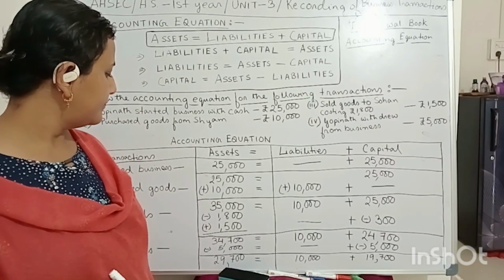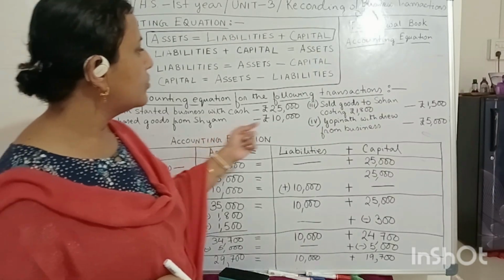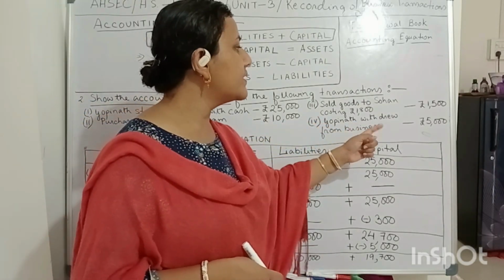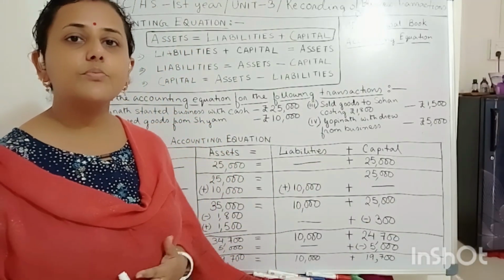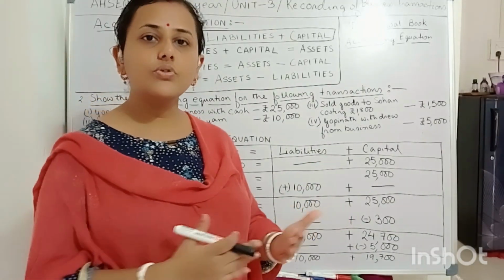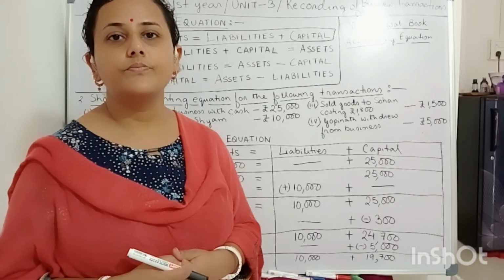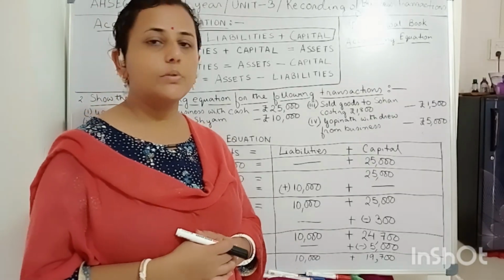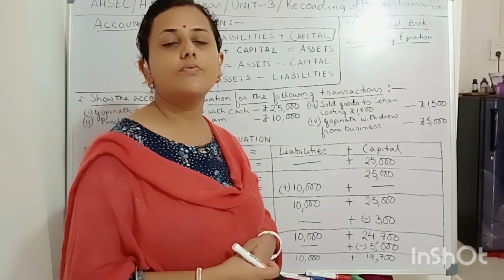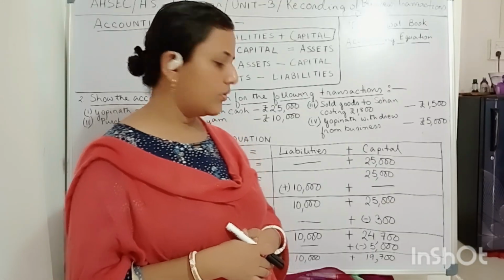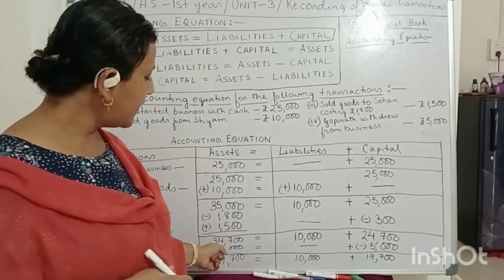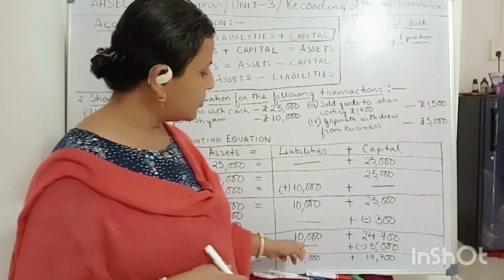Then you see, Gopinath withdrew from business rupees 5,000. So that is drawings. Drawings means cash goes out of the business. As cash goes out of the business, capital reduces. So it is minus 5,000. There are no liabilities.